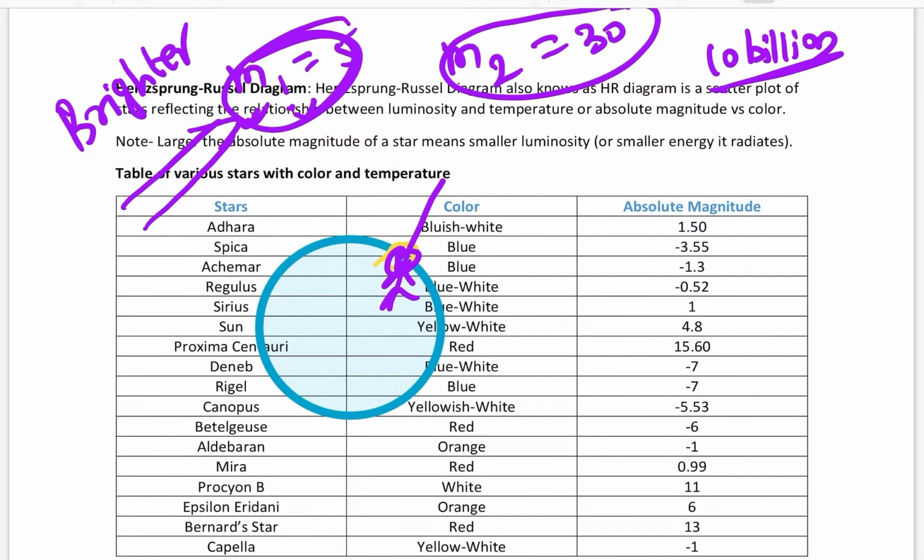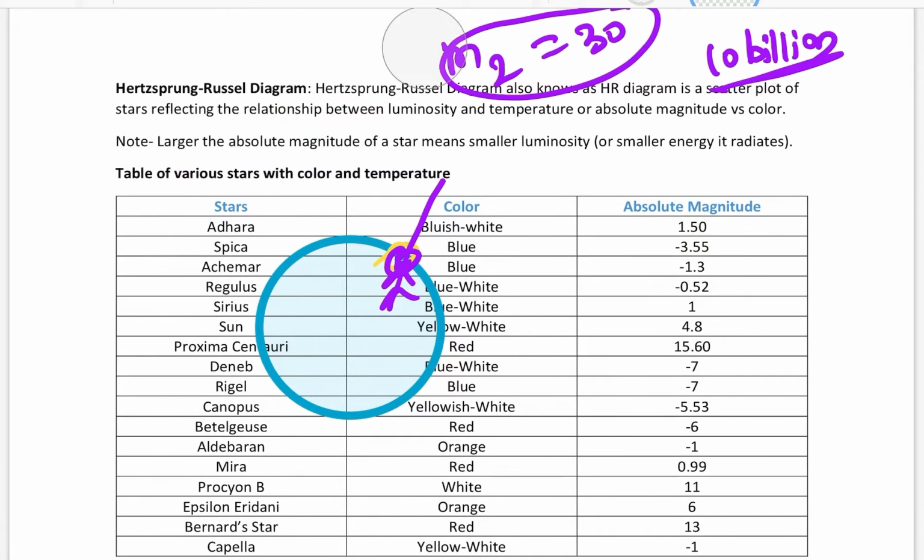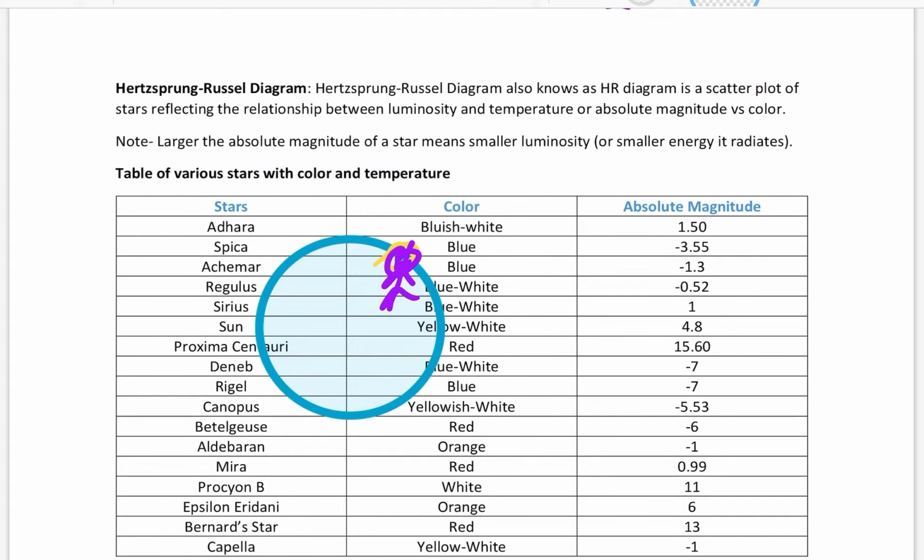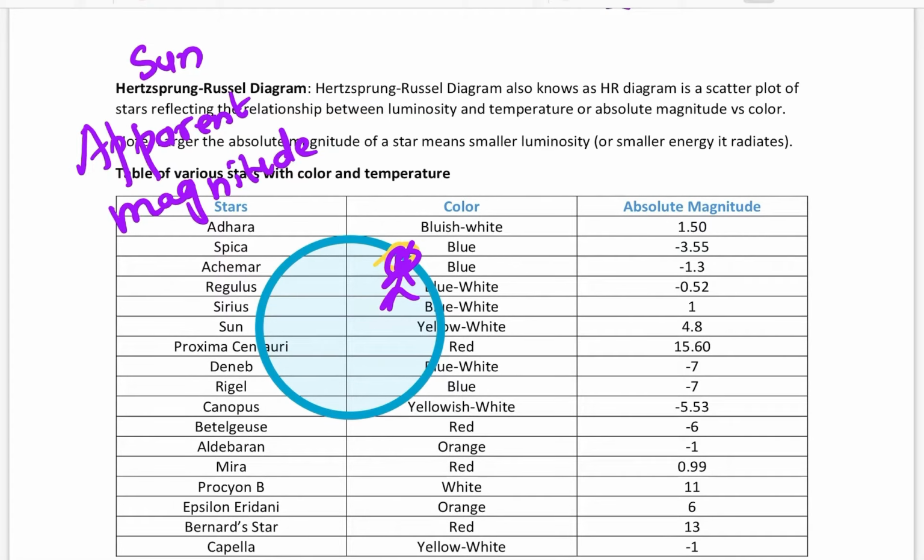Now let's go back to the Sun and Betelgeuse. If we look at the value of apparent magnitude, the apparent magnitude of the Sun is minus 26.72.